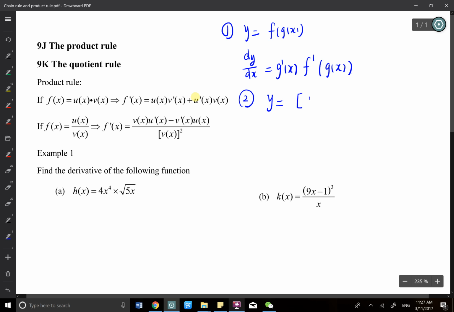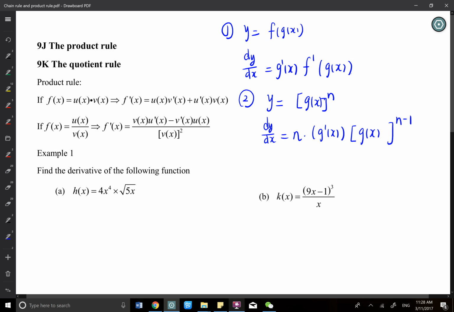If we have g(x) to the power of n, then dy/dx will be bring the power n down, derive the inside, and then reduce the power by 1. Okay, that's the chain rule we learned. We're trying to deal with composite functions without expanding, without doing further operations, and we can directly derive that. Those are the two formulas we use.